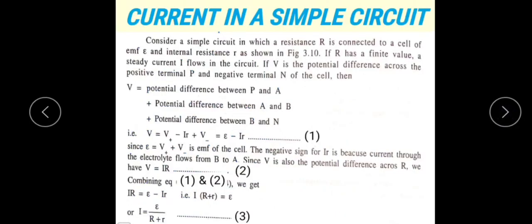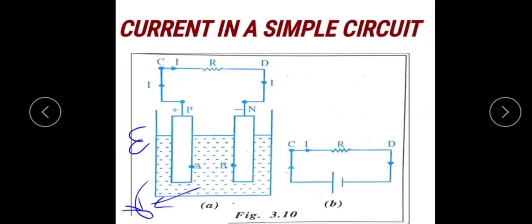That can be written in the formula: the potential difference across PA is a positive potential, that's why it is taken as plus V. Then the potential difference between A and B: this is an electrolytic solution, in which the potential difference can also be defined using Ohm's law, V is equal to IR. Here I is the current flowing through the electrolytic solution and r is the internal resistance.